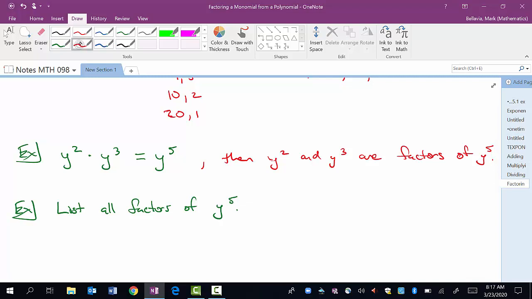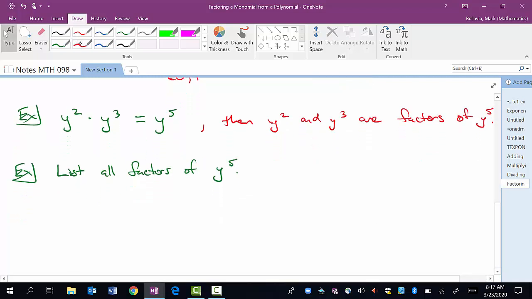We have what I just said above, right? y to the second times y to the third. That's one way to get there. So recognizing that the way you get factors for y to the fifth really is that their exponents have to add to give you 5. Well, that also means that if you had y times y to the fourth, that also will give you y to the fifth, right?